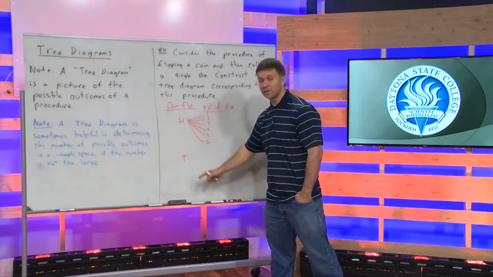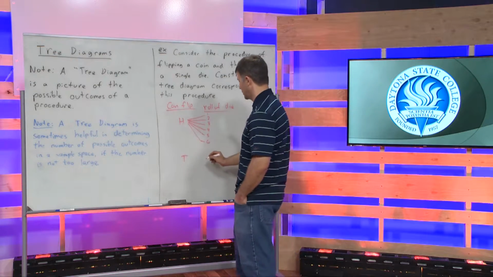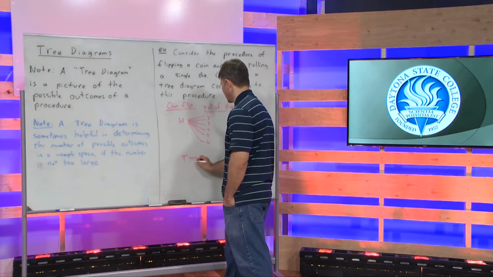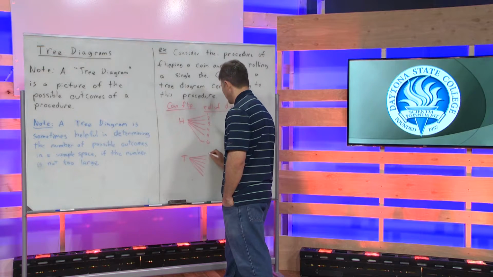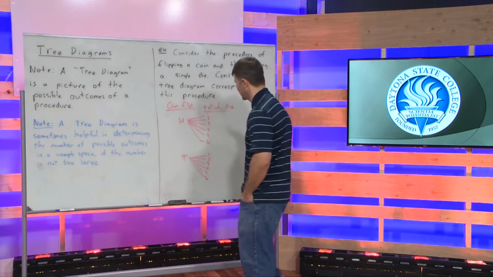Or you could get a tails when you flip the coin. And if you get tails, again, you could get 1, 2, 3, 4, 5, or 6.